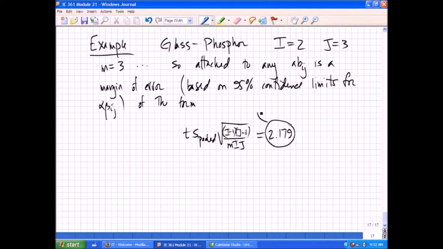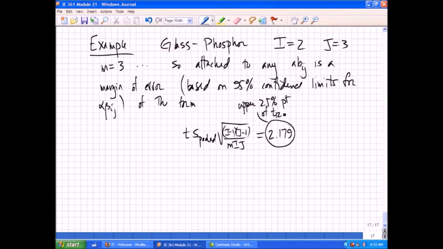This is the t-value. It's the upper 2.5 percent point of t with degrees of freedom that we used in module 20. That's number of data values minus number of groups.